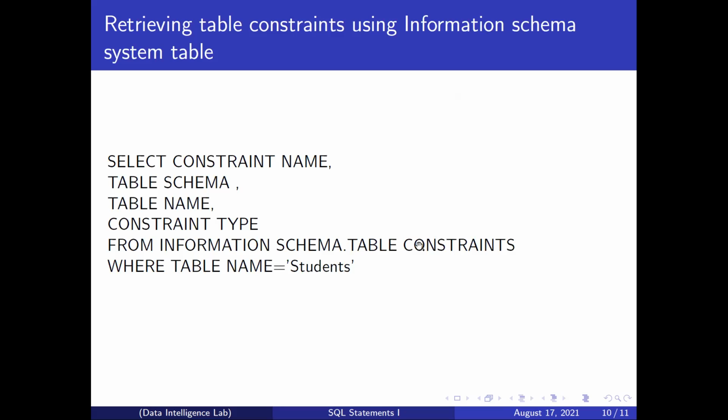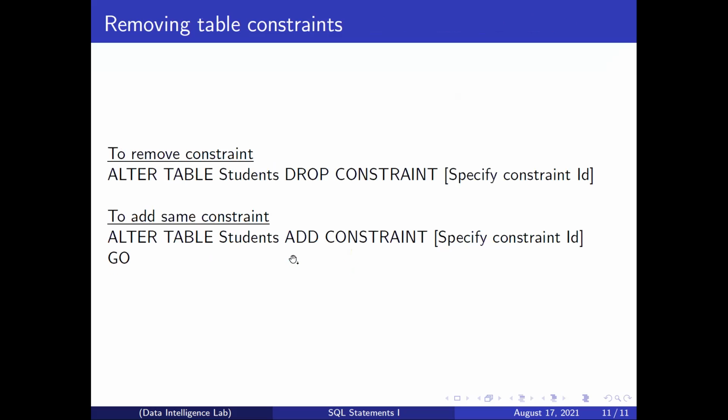So for you to remove a constraint, you would need to retrieve the ID for that constraint using this script or using the click method, which I will show you later. And then you specify the constraint ID and the table name, and use the drop constraint clause on the alter table command to remove the constraint.